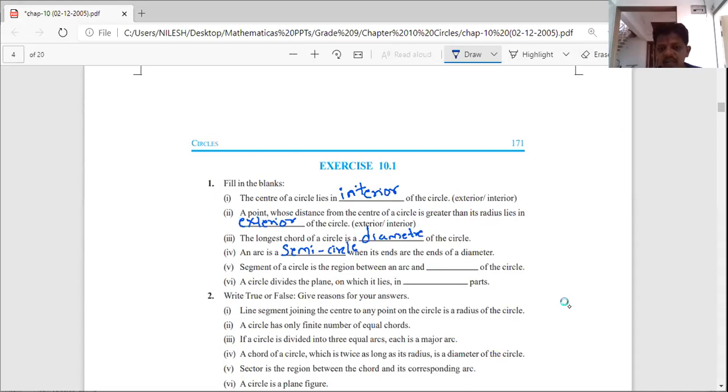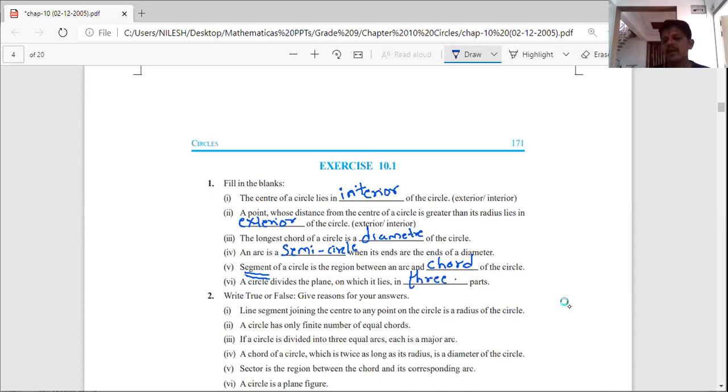Segment of a circle is the region between an arc and, what is segment? Region between arc and chord. A circle divides the plane on which it lies into how many parts? Three. Write down the full sentences.